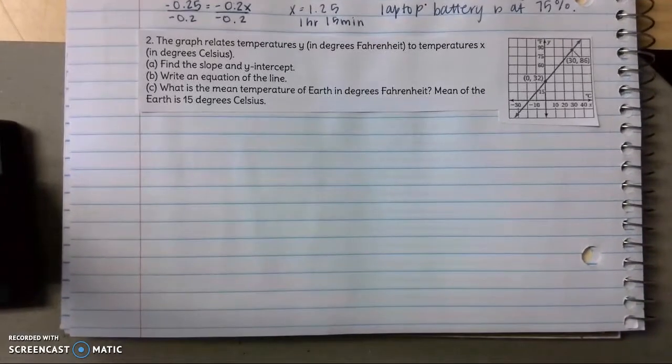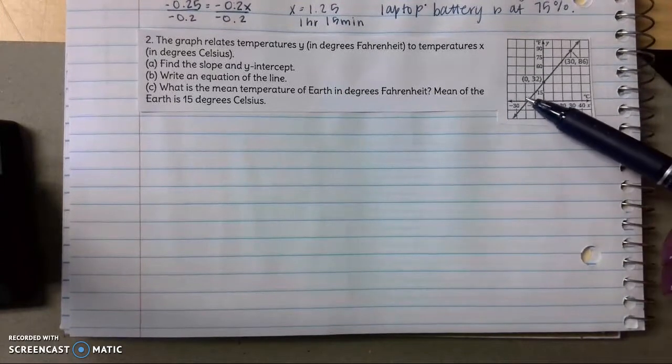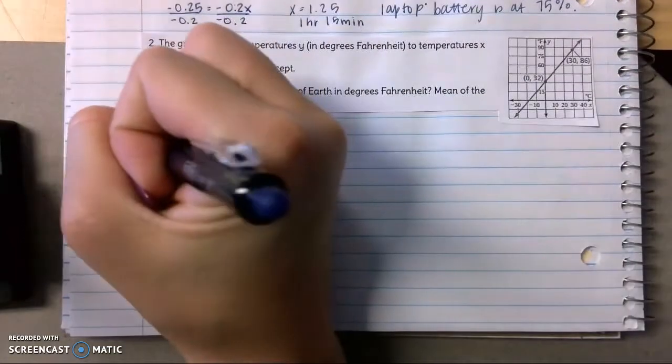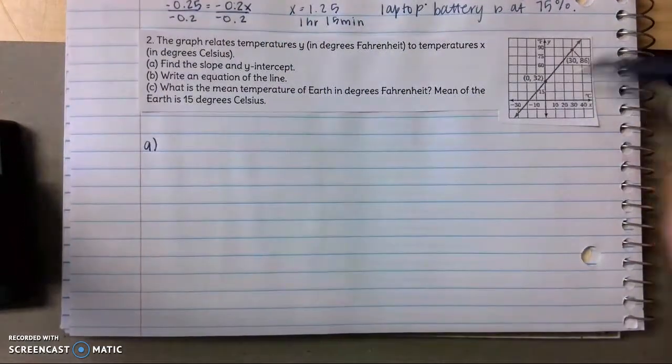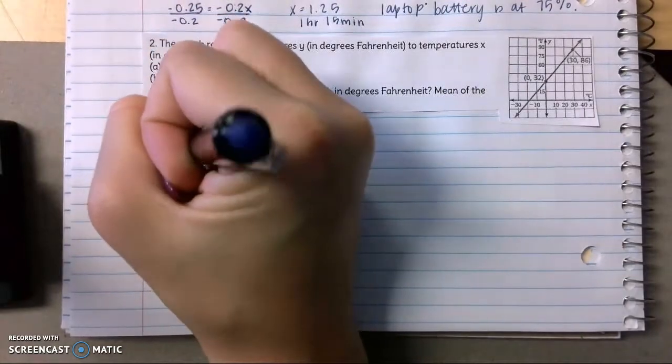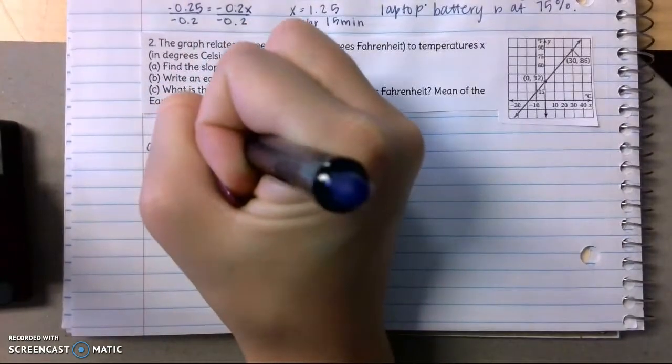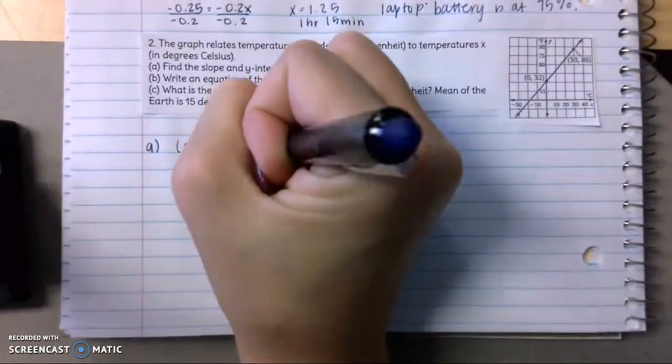The graph relates temperature y in degrees Fahrenheit to temperature x in degrees Celsius. Find the slope and the y-intercept. So part A, we're going to find the slope.